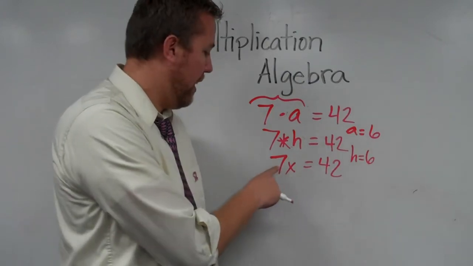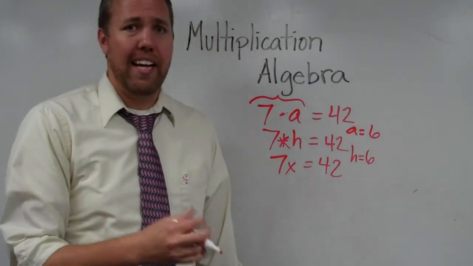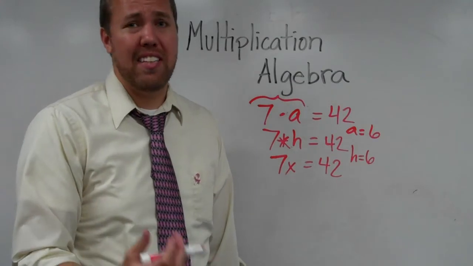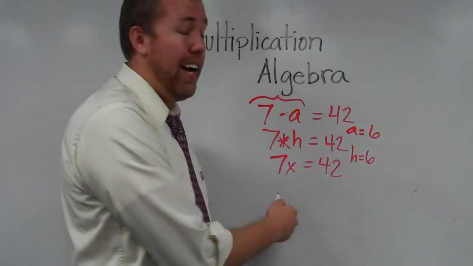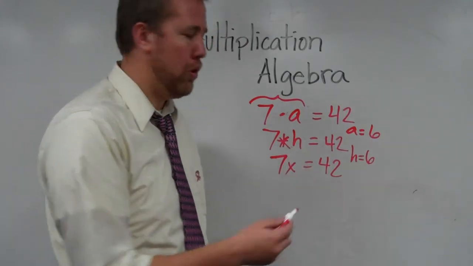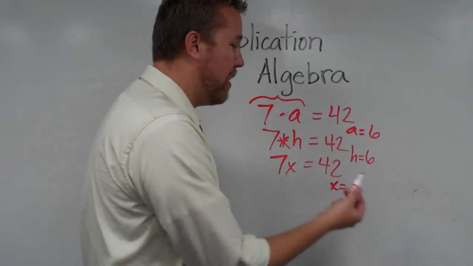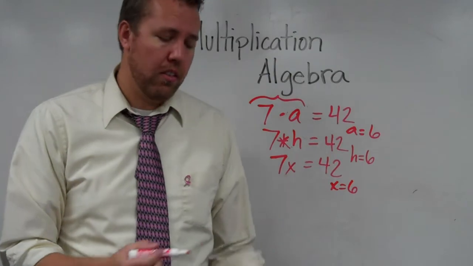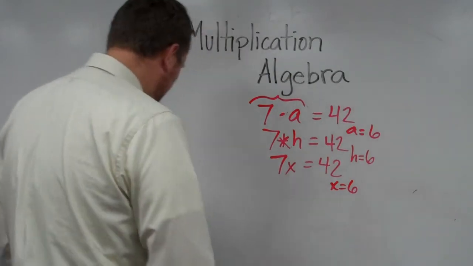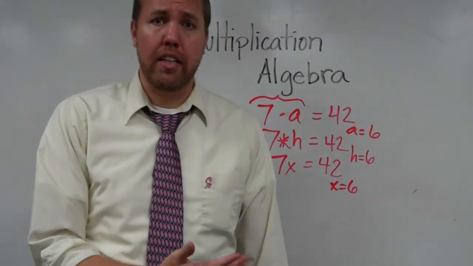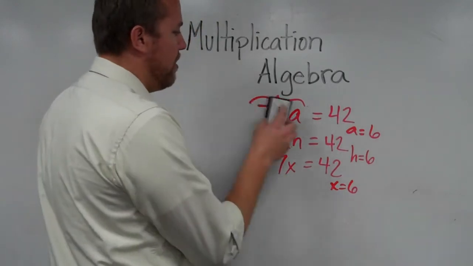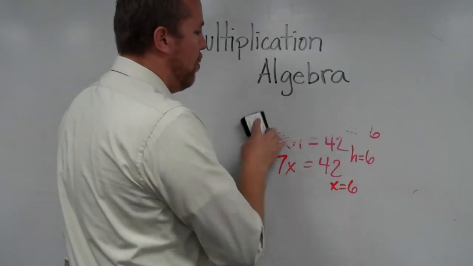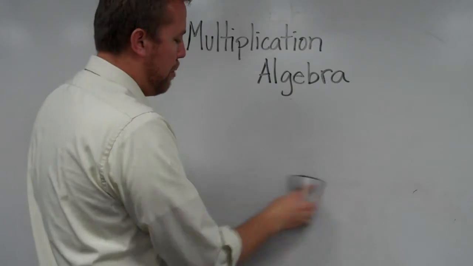They can put the variable right next to the number. And we are asking, what does that letter stand for? If they are right next to each other, it is always multiplication. So we're asking x, what does x equal? X equals 6. Okay. So that's really all it's asking for, is what does this letter represent?